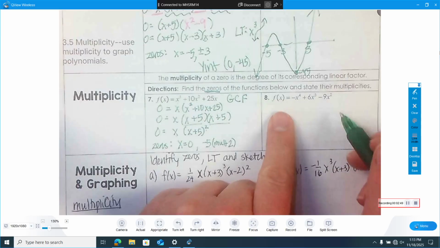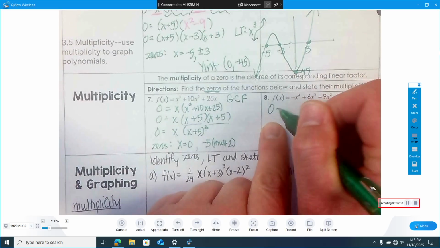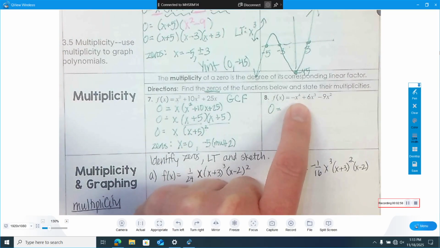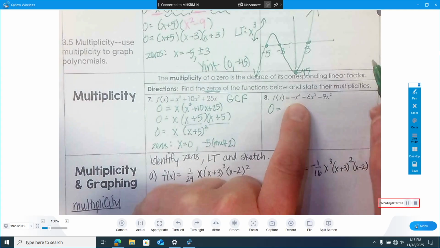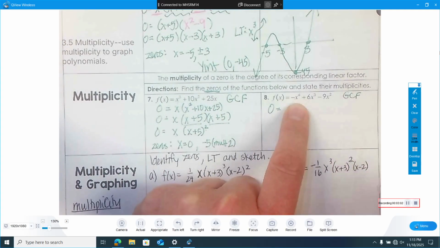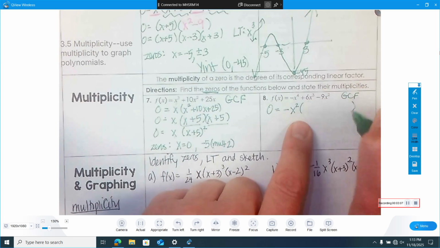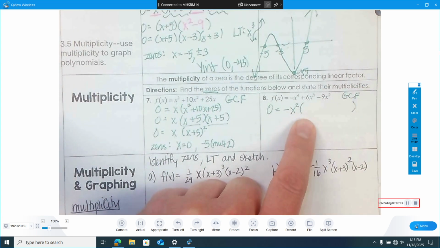All right, on this graph, again, we want to find the zeros. So once again, what can I do to factor this? I can take out a GCF again, and because there's a leading negative, I'm going to take out negative x squared. If I take out negative x squared, what's left behind?